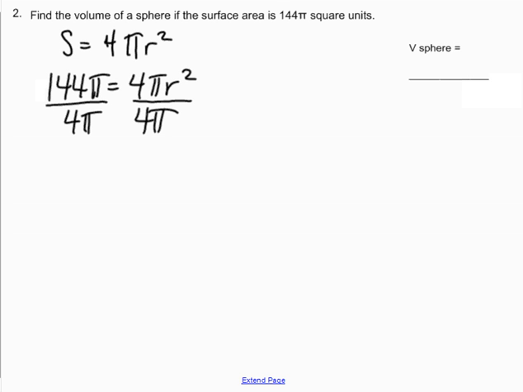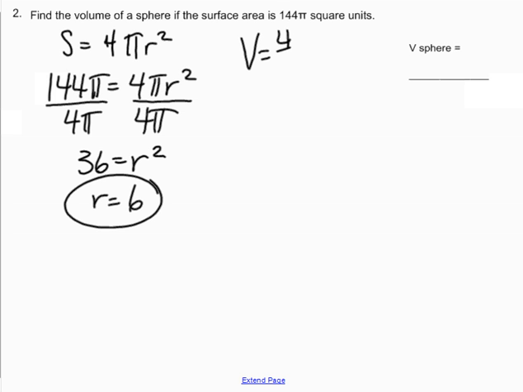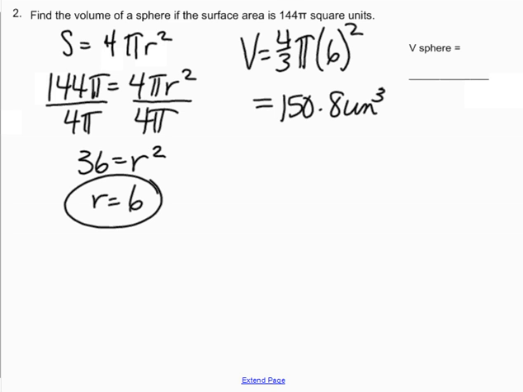And I end up with 36 equals r squared. So the radius is 6. So now I'm going to use that information to plug it into the volume formula. Volume equals 4/3 pi times the radius cubed, which is 6. Type that all into my calculator, and I end up with 904.8 units cubed.